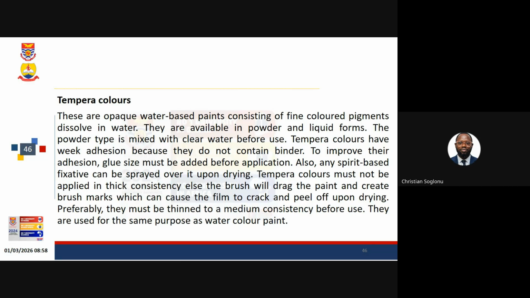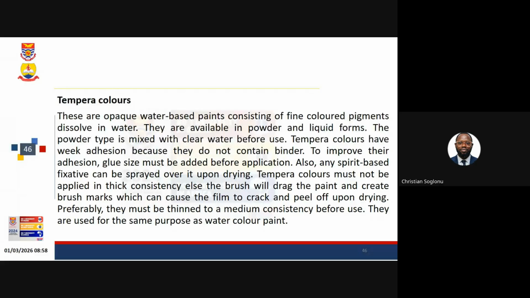The powder type is mixed with clear water before use. Tempera colors have weak adhesion because they do not contain binder. To improve their adhesion, glue size must be added before application.